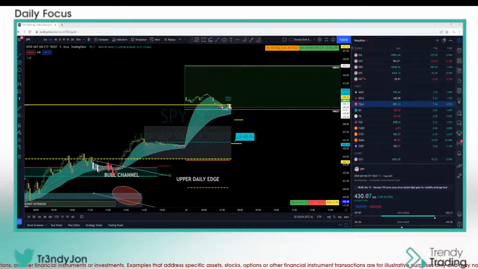And let's see how much did I pay for the spreads here? 37 cents.